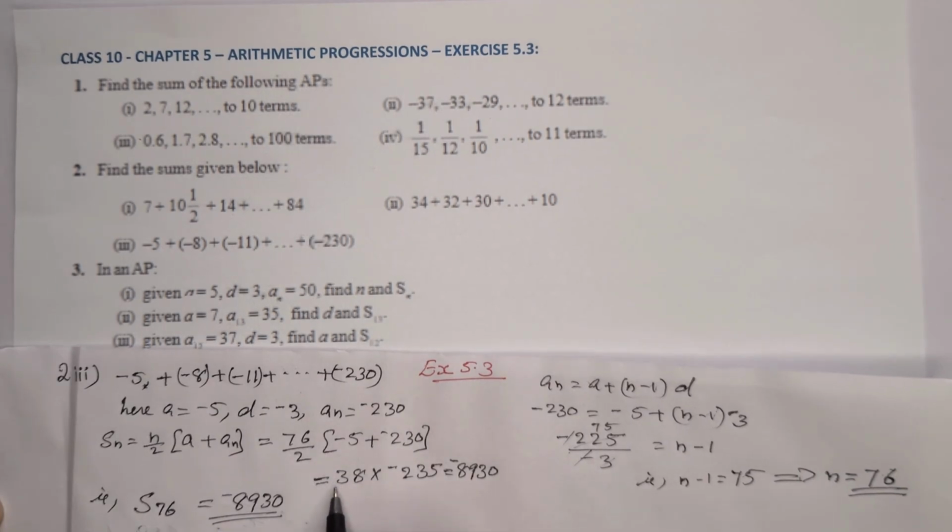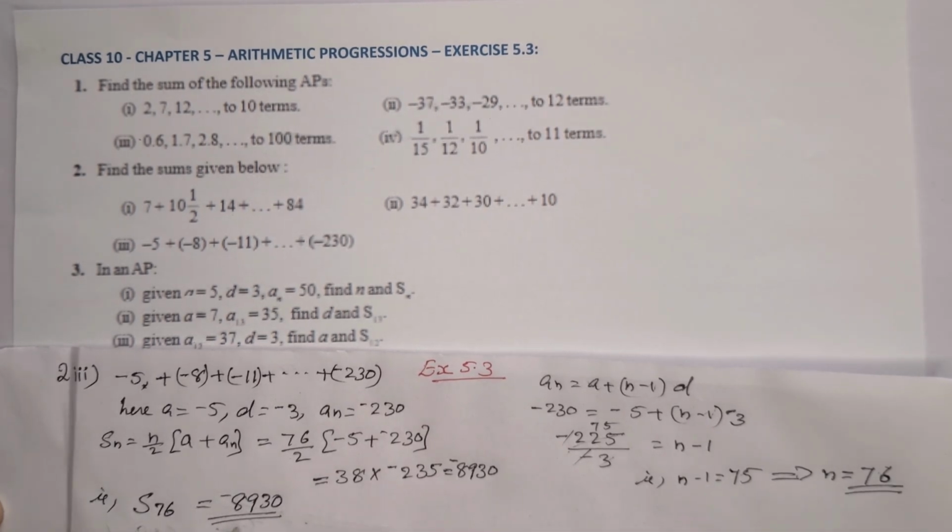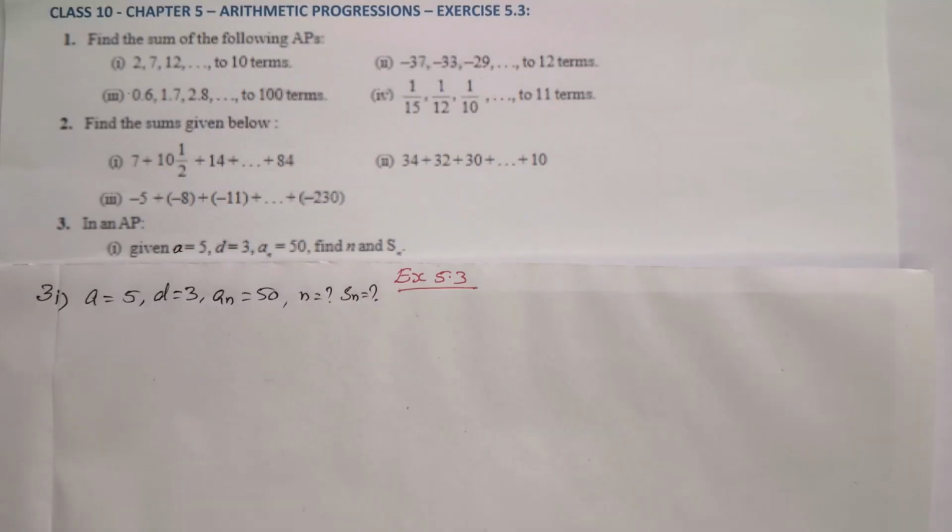Here 76 by 2 is 38 and minus 5 plus minus 230, that is minus 235. When we are multiplying, minus 8930. That means the sum of 76 terms, n is equal to 76. So the sum of 76 terms is equal to minus 8930.